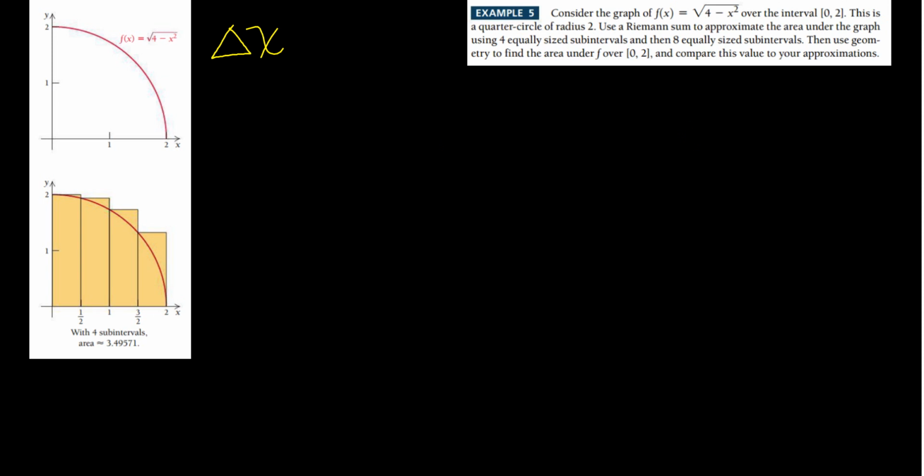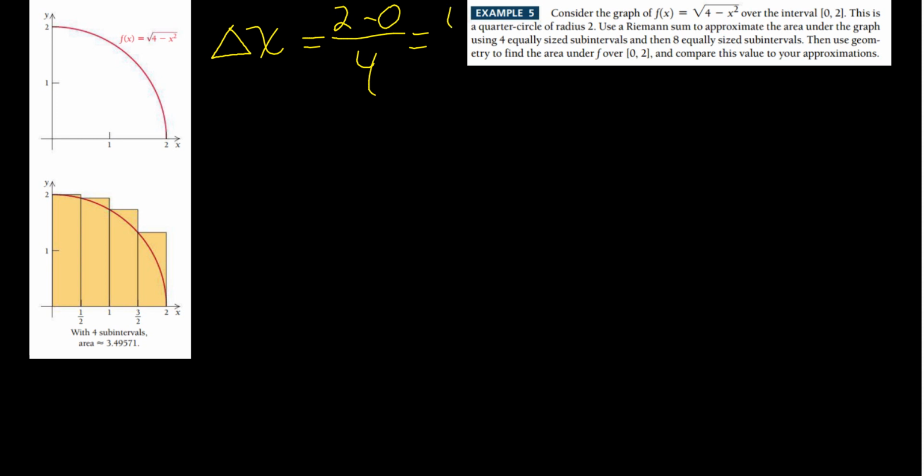Looking at the interval given to us, 0 to 2, we take the difference and then divide it by the number of intervals. So the change in x will be 2 minus 0, which is 2, divided by the number of subintervals that we want, which is 4.